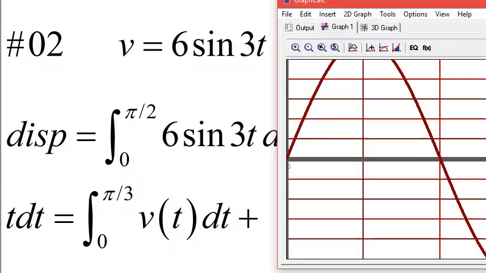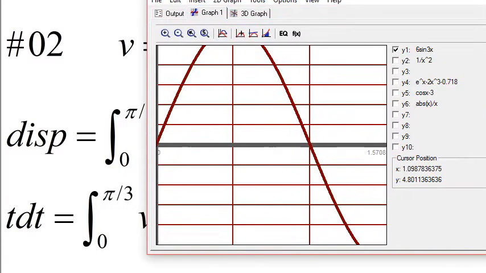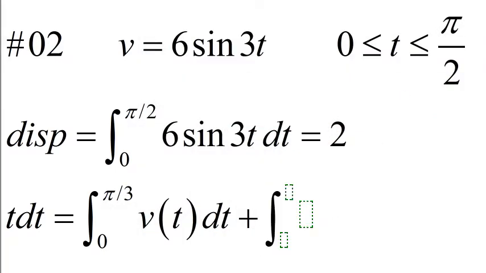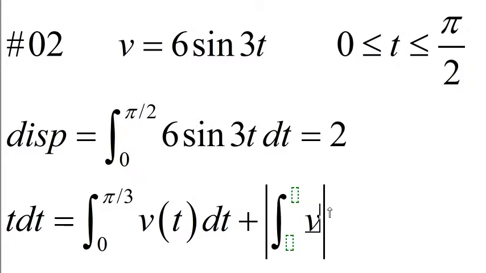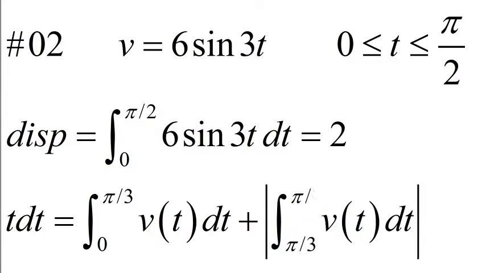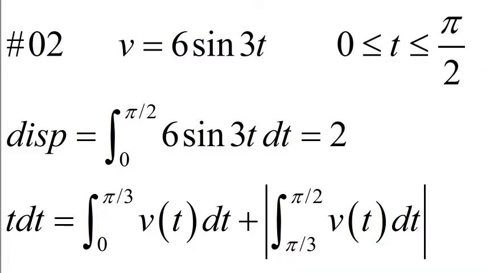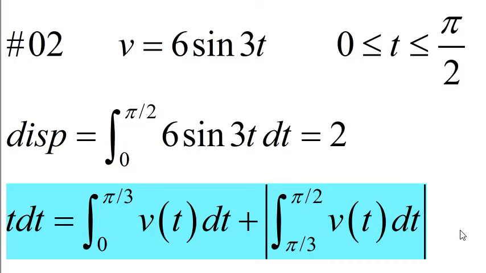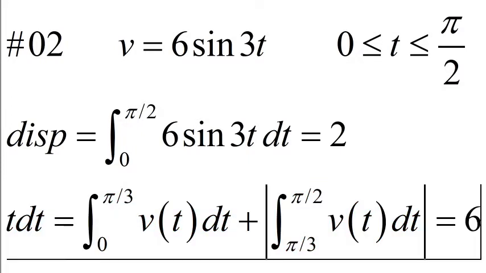Then we've got from pi over 3 to pi over 2, but it's negative. So to find total distance traveled, what have I got to do with this negative area? Absolute value it. So plus the absolute value of the integral of v of t dt from pi over 3 to pi over 2. And when we figure these two things out and add them together, we get 6.